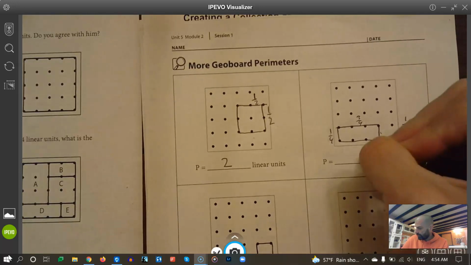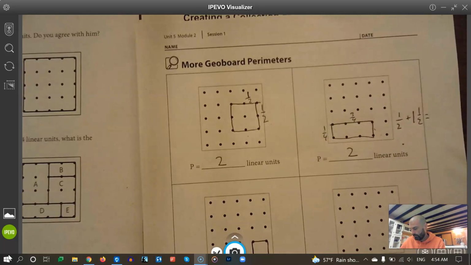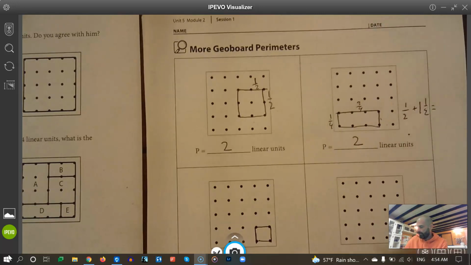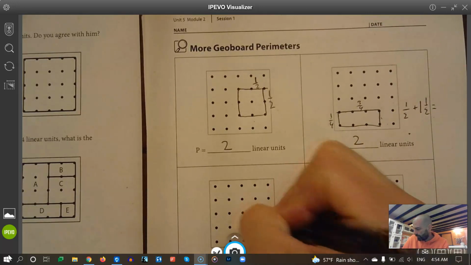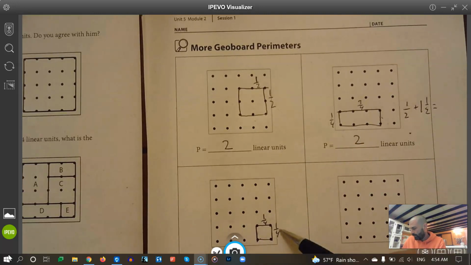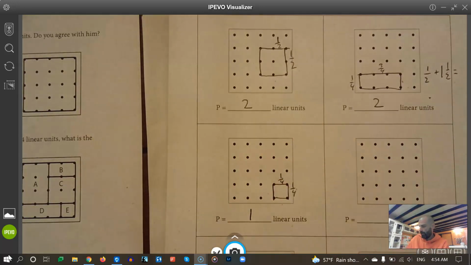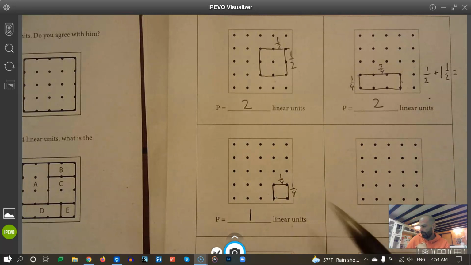And then we add all those together to get 2 linear units. Hey, that's the same as that. And our final one is a 1/4 by 1/4 square. So 1/4 plus 1/4 is 2/4, 3/4, 4/4. So we got 1 linear unit, which makes sense.